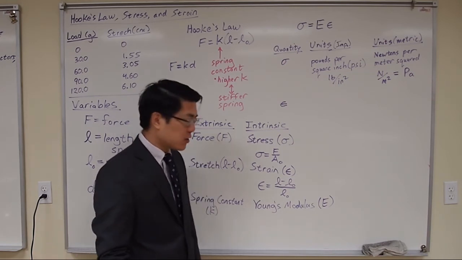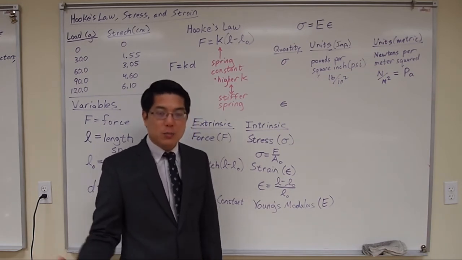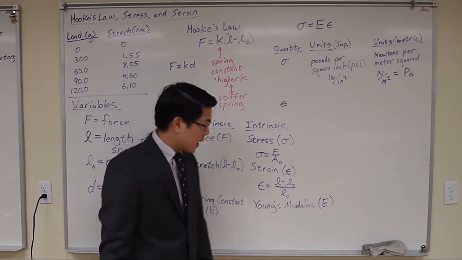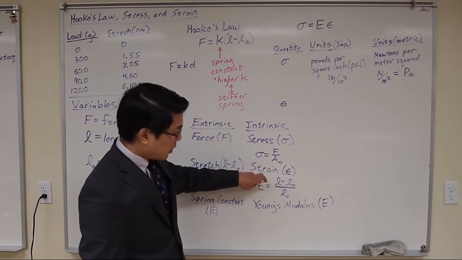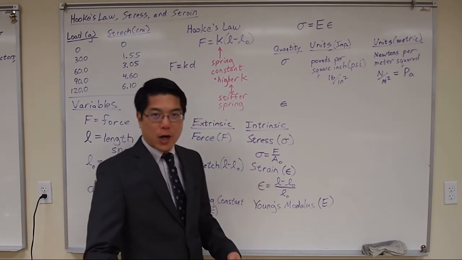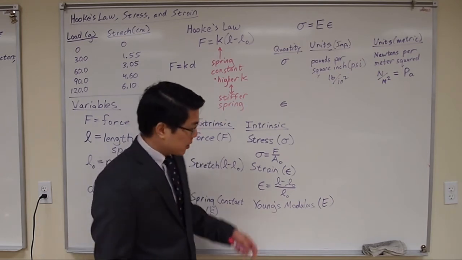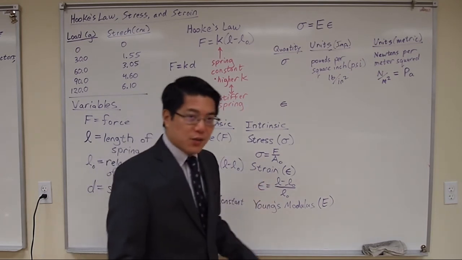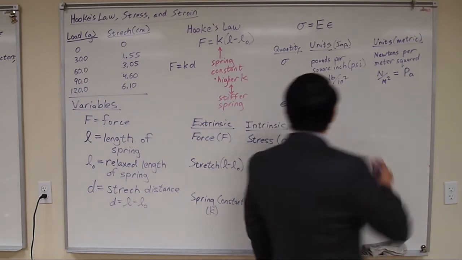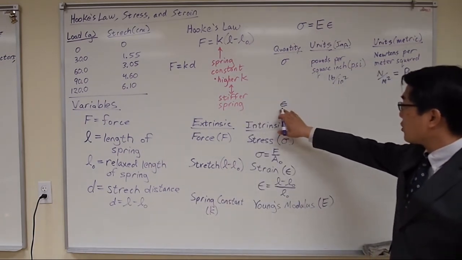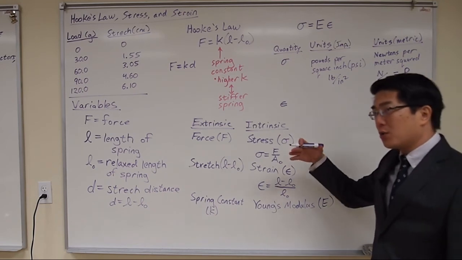It's unity. It's usually not worth mentioning because when you multiply by 1, you don't change a value. So, just the same way in a fraction x over x cancels out, units do the same thing. Inches over inches cancels out. Meters over meters cancels out. So strain, the units of strain are no units at all.